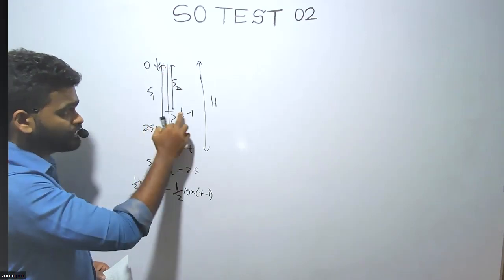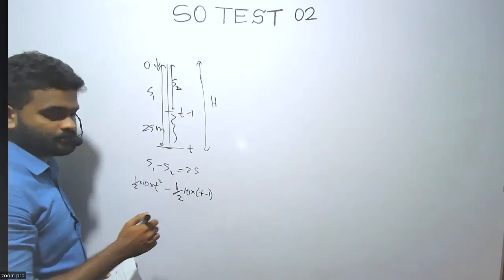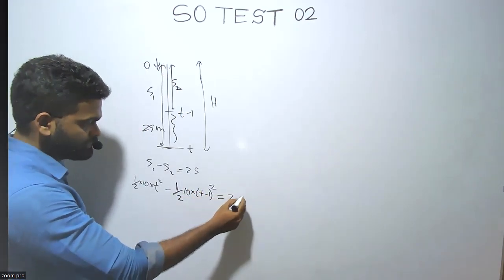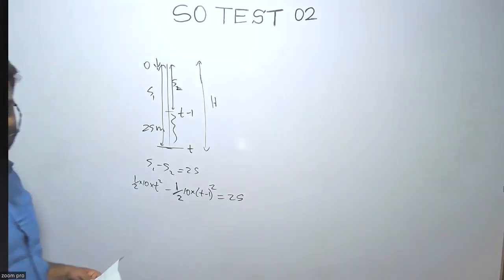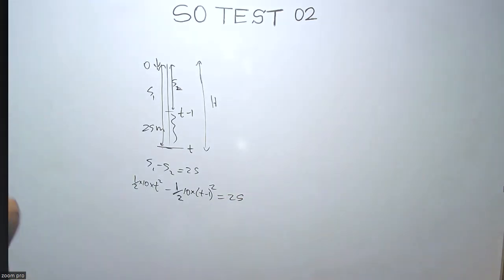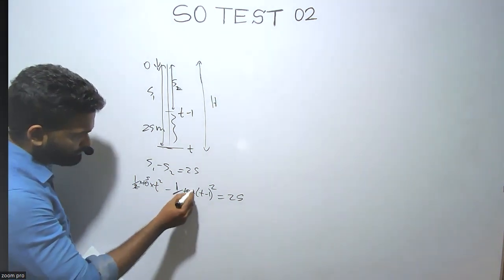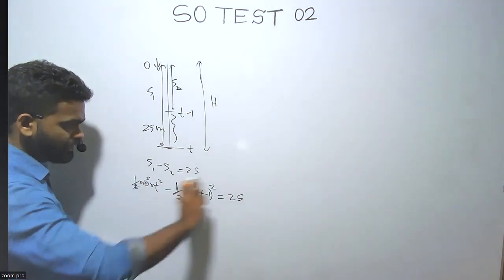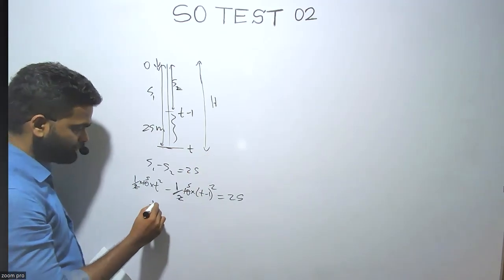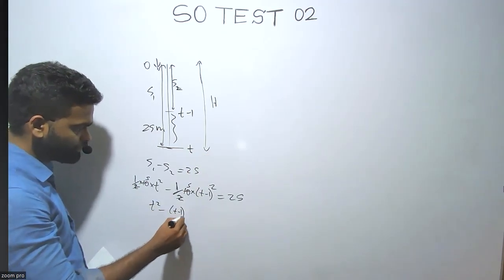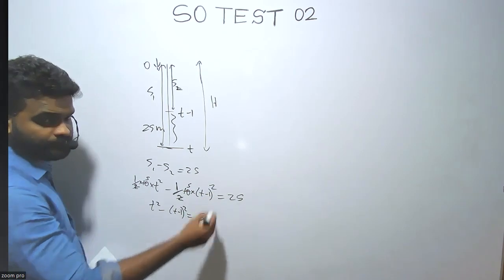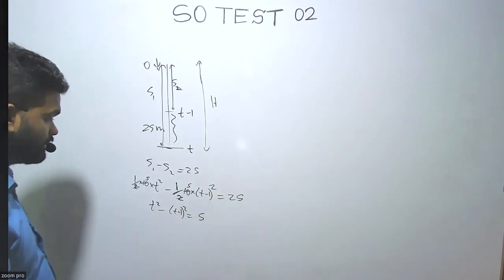From here to here, time is t minus 1 squared, and this is equal to 25. So I can cancel this 5, this 5, divide the whole thing by 5. So you get t squared minus (t minus 1) squared equals 5.